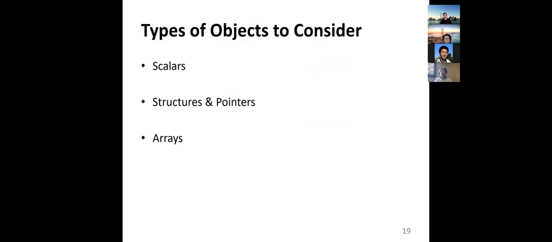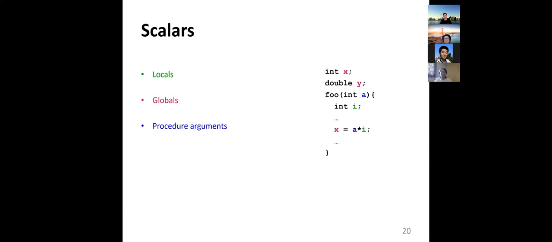So what types of objects are we planning to consider? Again, we try to keep it relatively simple here. We're going to look at scalars, we're going to look at structures and pointers, and we're going to look at arrays. So what are the scalars? There are local variables, like the variable i inside the function foo. Then there are global variables, something external to the whole set of functions here, called like x and y.